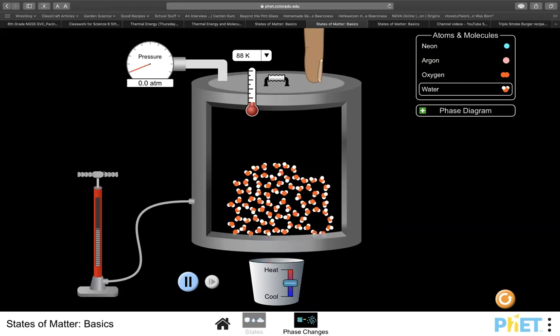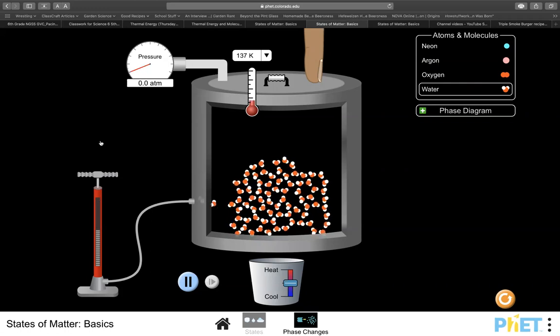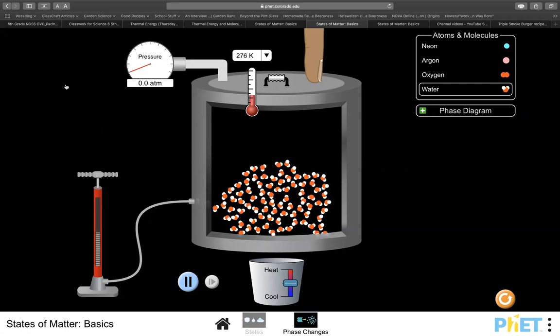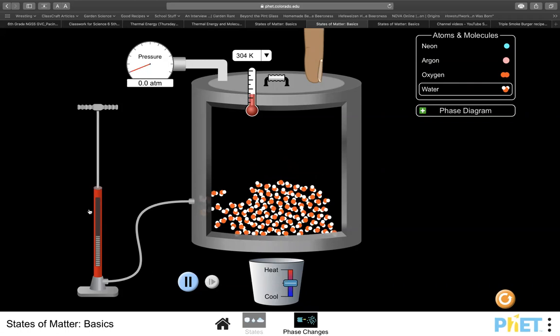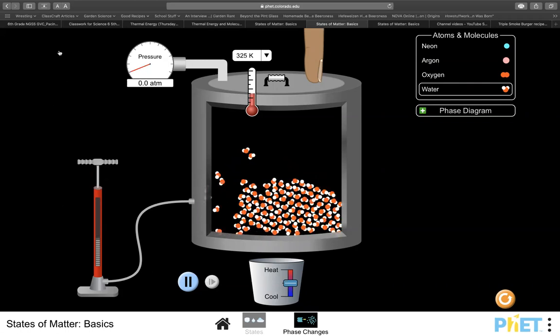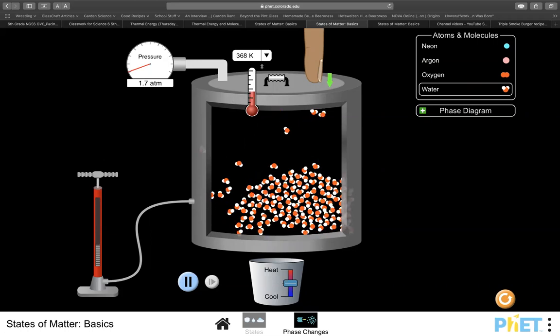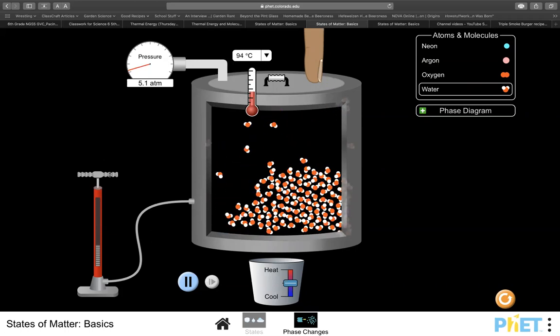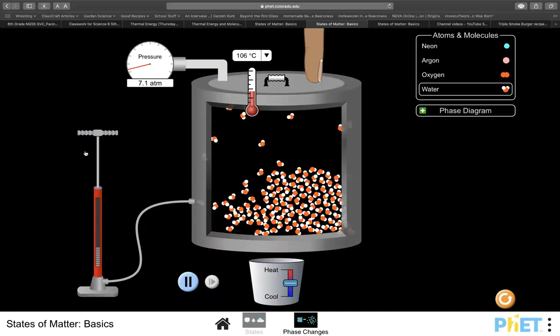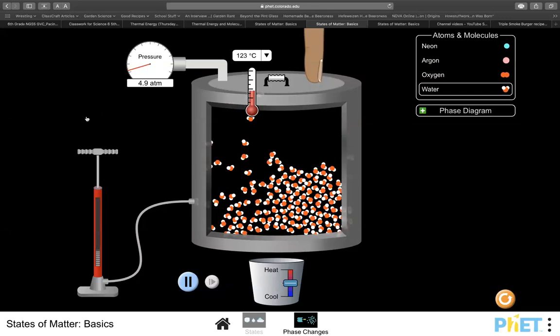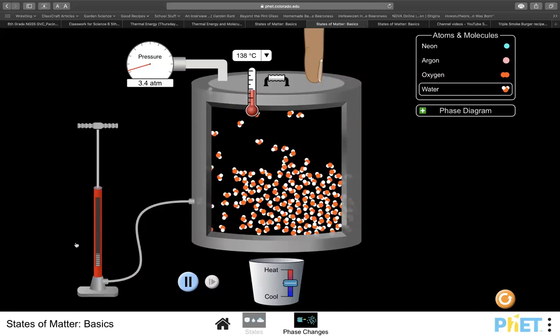You can also now change the pressure, so you can add more stuff in here, and you can see as you increase temperature, things are going to change. If you look, hint, hint, at the temperature, something happens if I keep the amount of space the same, but I add more stuff in.